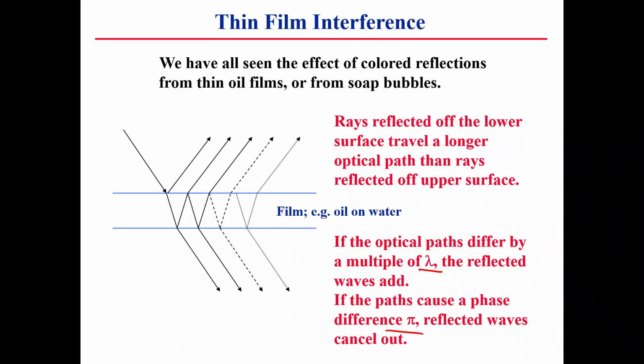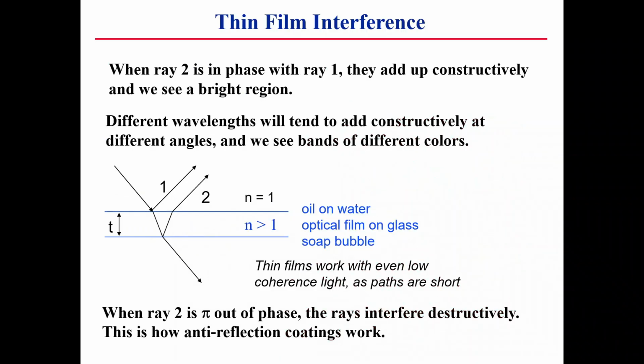Most are going to be some combination in between. You could do some calculations for these. There are equations for thin film interference. I don't believe I put any of those on your homework because it's not really important to be able to do those exact calculations for our purposes.